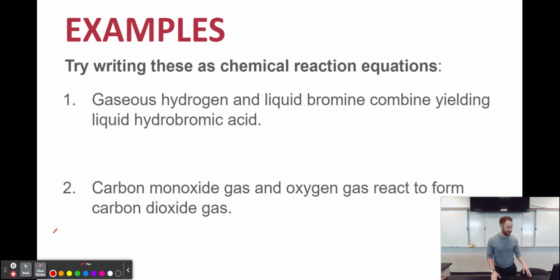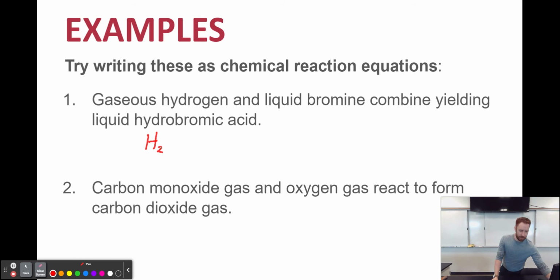Okay, I am back. The first one: gaseous hydrogen and liquid bromine combine yielding liquid hydrobromic acid. Okay, so first thing is gaseous hydrogen. That's just hydrogen. However, it's actually going to be a 2, and I will explain that in a moment, why there's a 2 there.